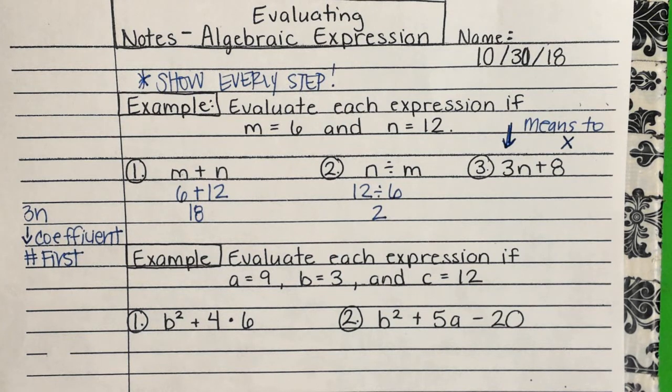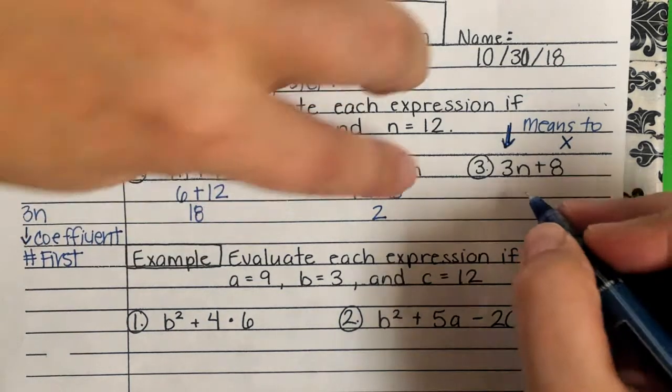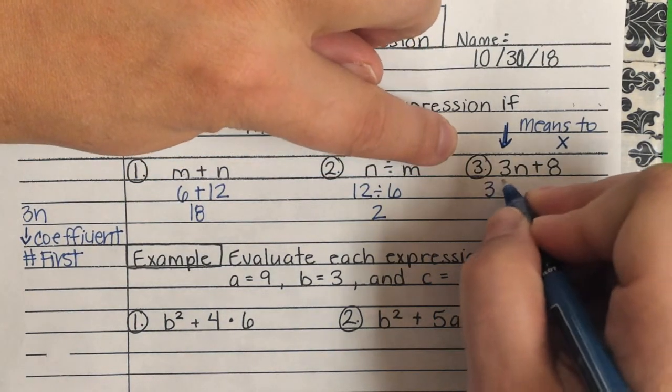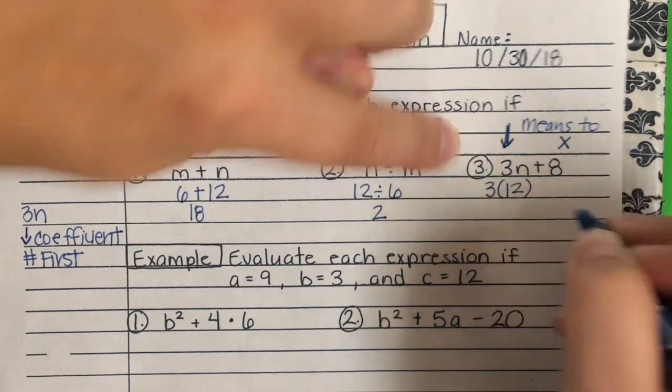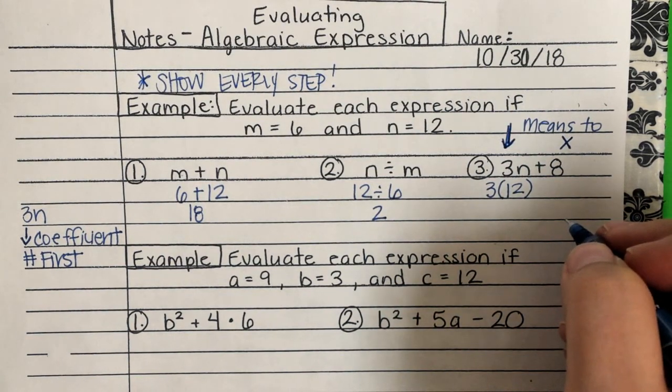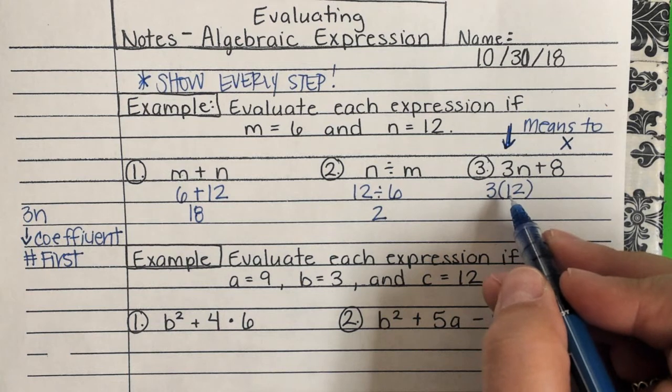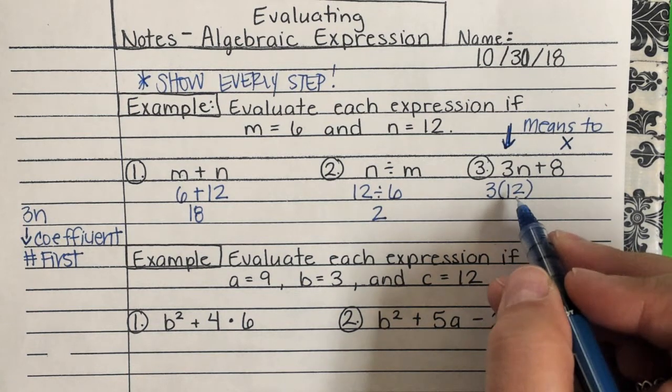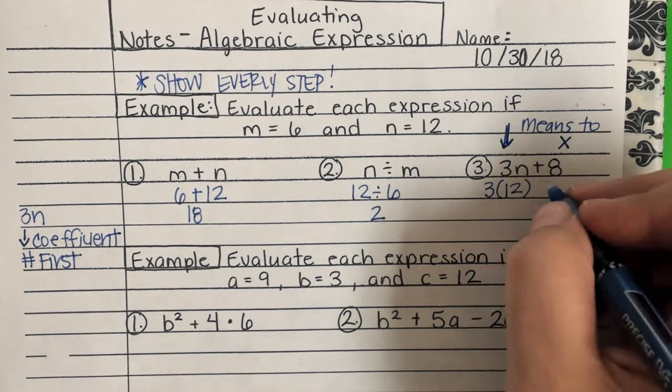An X, which is a variable, okay? So I can also write it like this, 3 times 12. Those parentheses show multiplication. So anytime you have a number outside of parentheses, it means to multiply by whatever is on the inside.